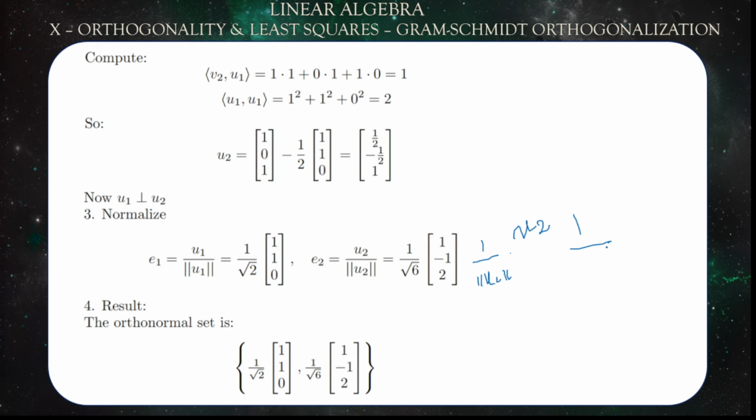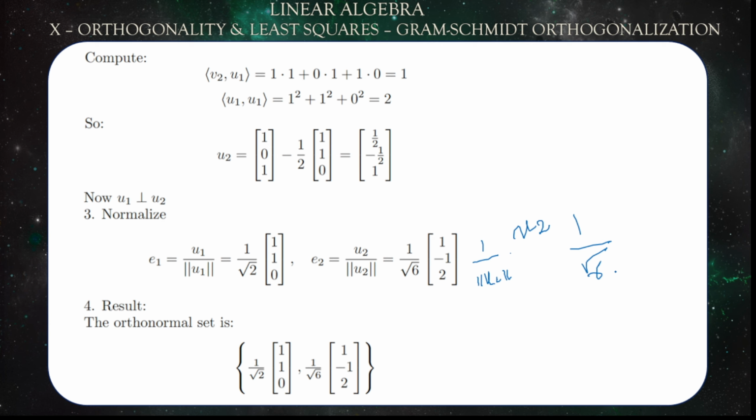So it is 1 divided by square root of 6, which is, yeah, modulo of u2 is square root of 1 half squared plus minus 1 half squared plus 1, you obtain 6.